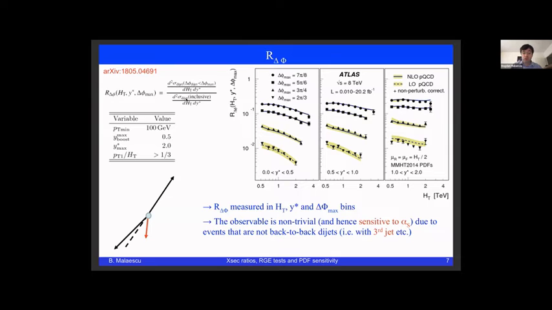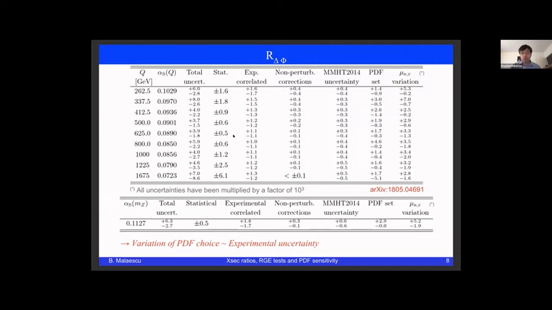This is what yields the sensitivity to alpha strong, and therefore I think that the scale at which one probes alpha strong, and therefore the renormalization group equation here, has to do with the third jet mainly. So let's look also into the extracted numbers from these measurements.